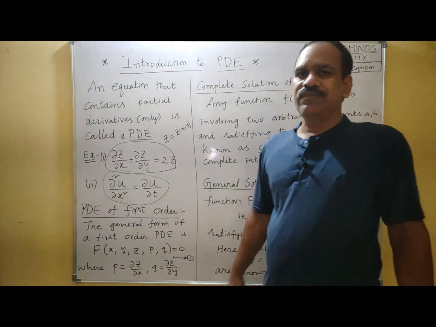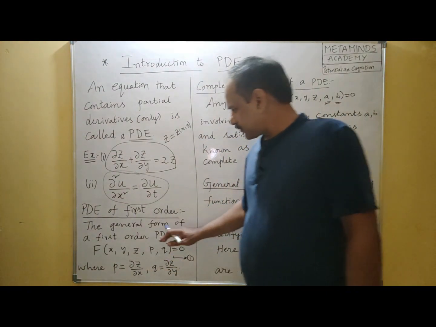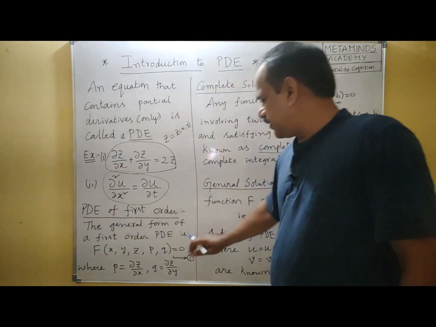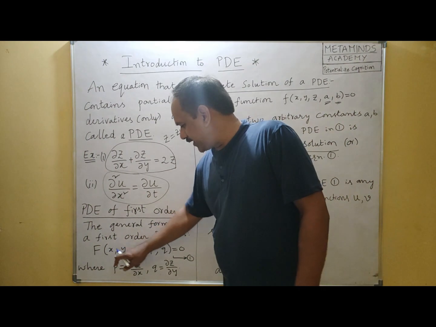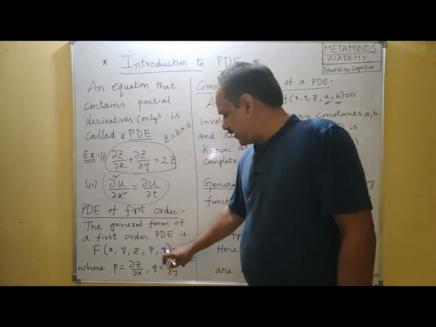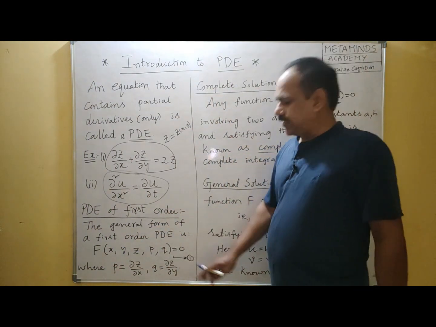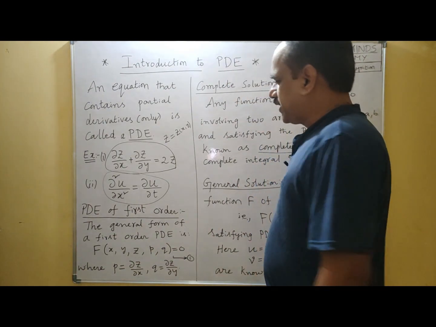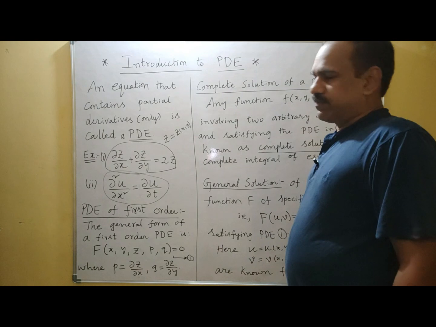It is a universal notation. So a first order partial differential equation may contain the variables x, y, z, and the first order derivatives p and q. This is the general form of a first order partial differential equation.